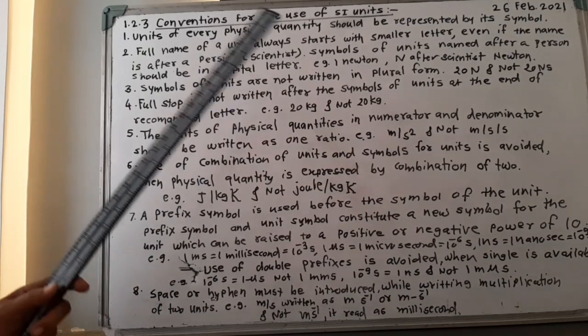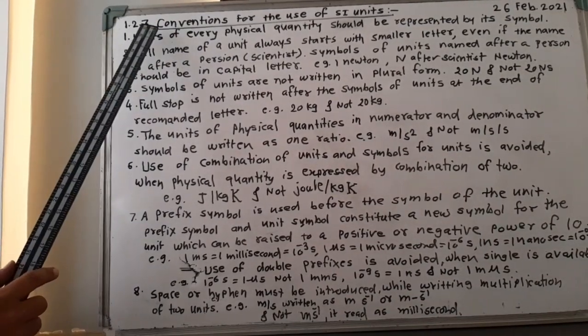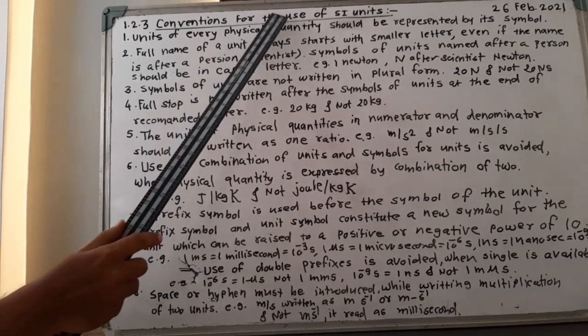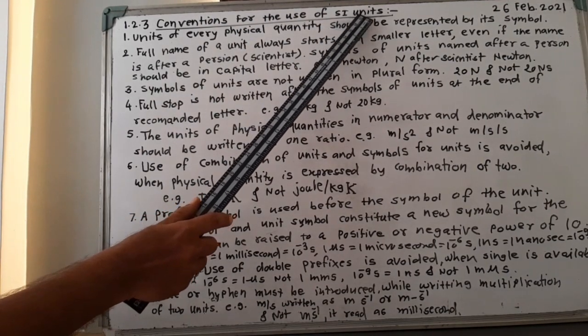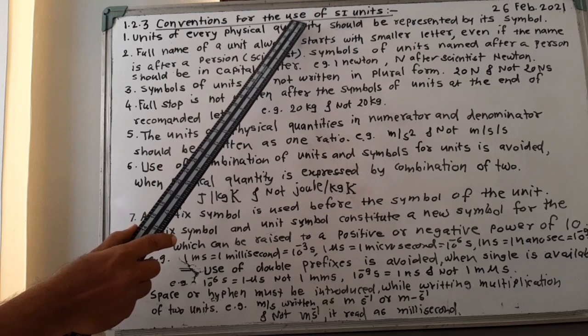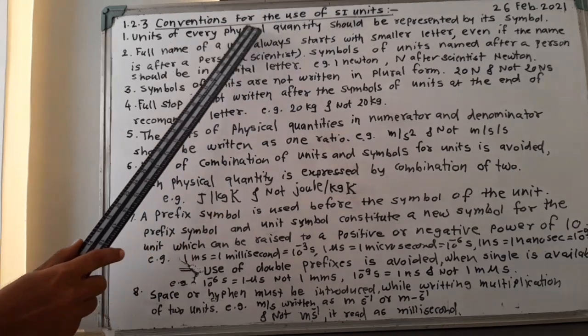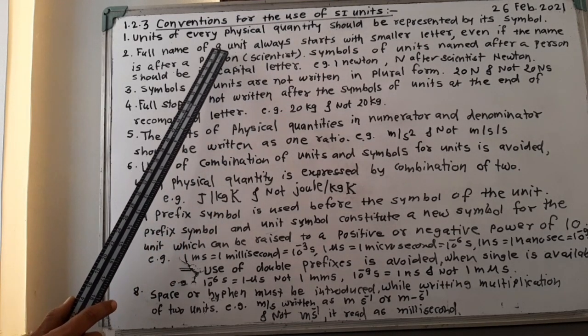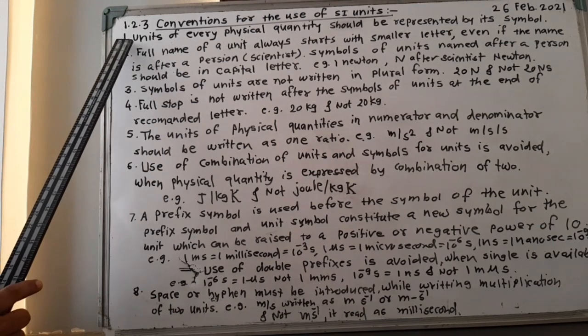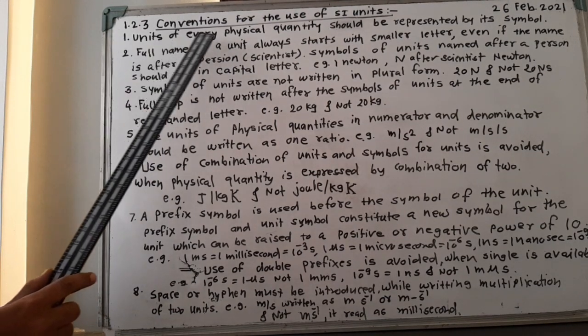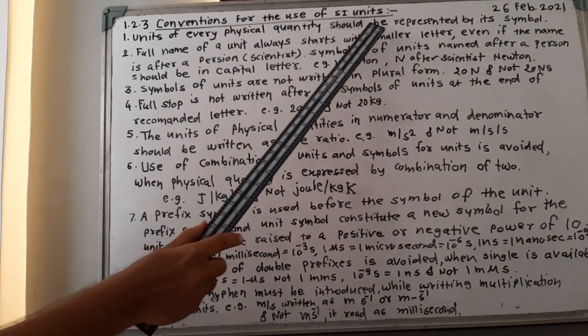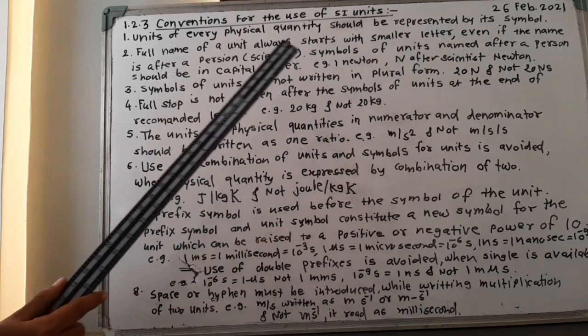Now, let us consider the conventions for the use of SI units. Because when you are using the SI units, there are certain rules which must be followed. Rule number 1, units of every physical quantity should be represented by its symbol.